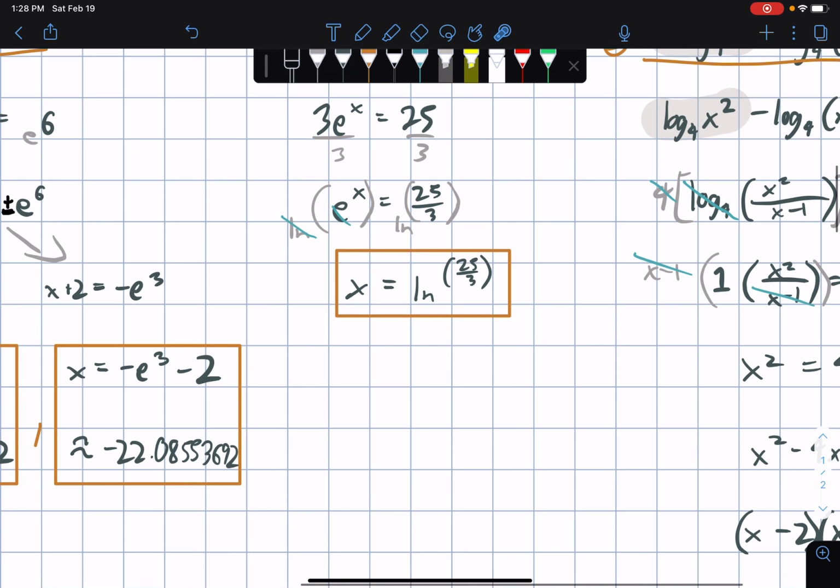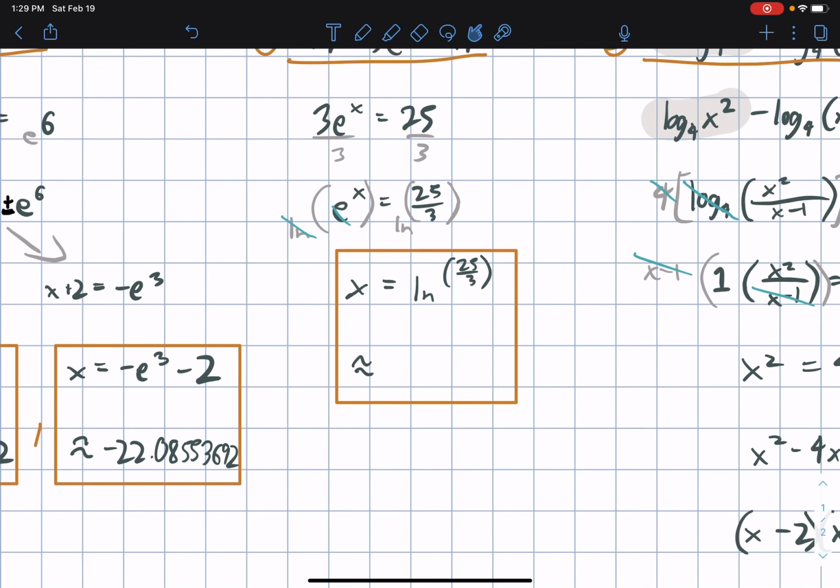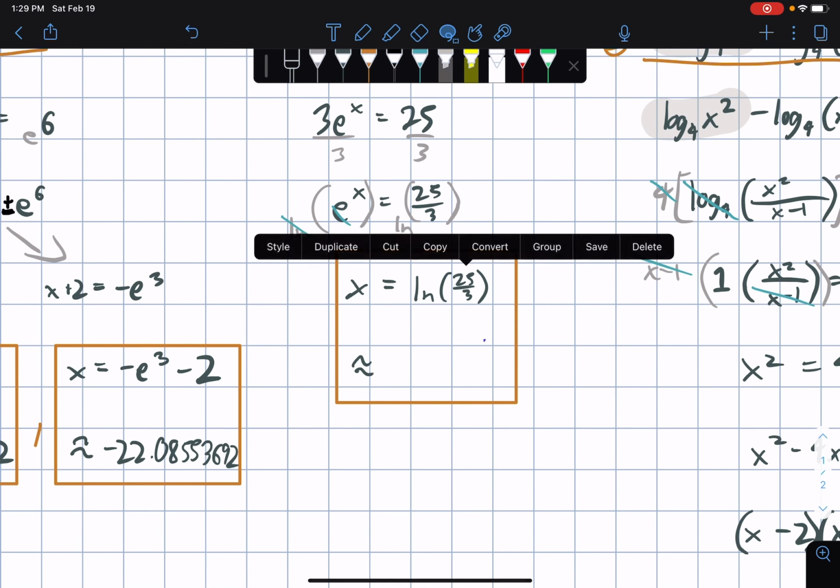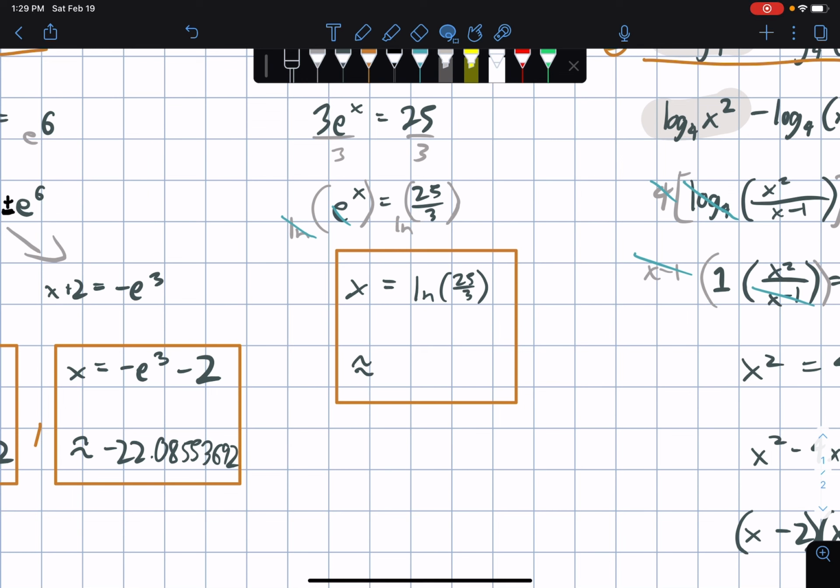For number 7, let's have an answer that's also in decimal form. Place ln in the scientific calculator. ln 25 over 3, I suppose. I'm sorry. I'm not sure why the scientific calculator assumes that 25 over 3 is like this, written like this.